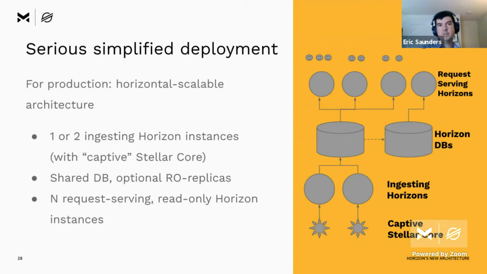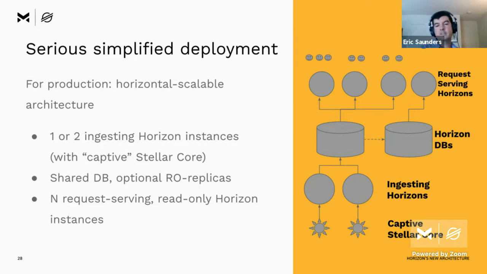Now, if you want to do something more serious, you're a bigger player, you want more redundancy, you need something more like this. And this architecture is much more like what the SDF actually runs on our production Horizon instances at horizon.stellar.org. So in this case, we have different Horizons doing different things. Right at the bottom of the diagram, we see ingesting Horizons.